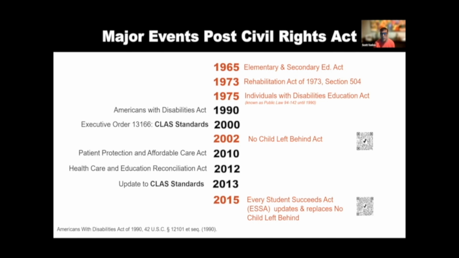So you can see throughout the timeline here, there have been many different interpretations which guarantee the rights of both students and families to not be discriminated against, and language is included in that act of non-discrimination.